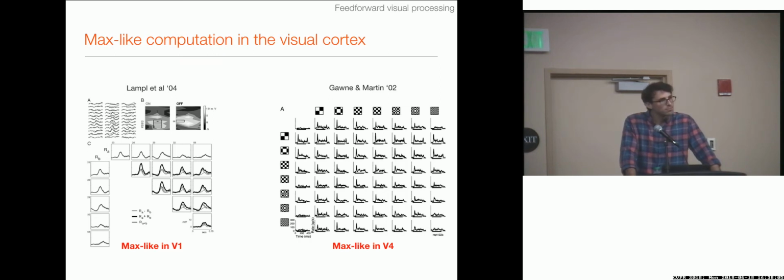Basically, what I'm saying is that the diagram doesn't show that this is pooling. It just says that anywhere in the receptive field you get a response. But if you want to say it's max pooling, you add something that the cell is not doing.